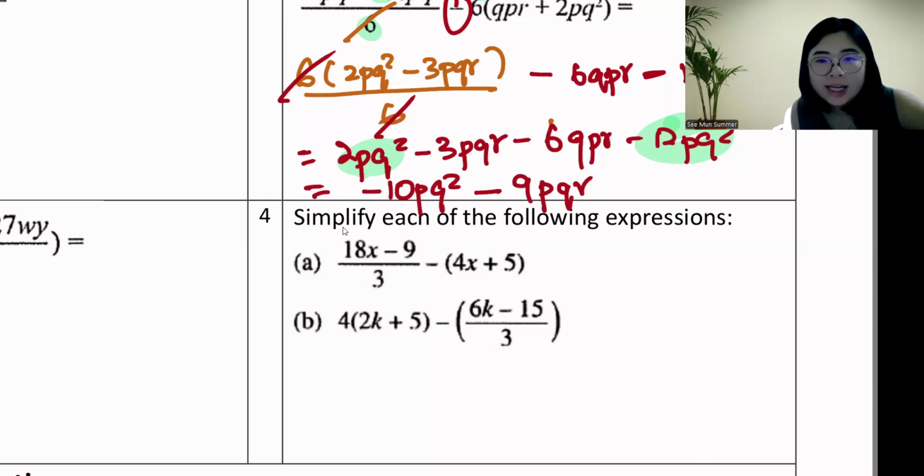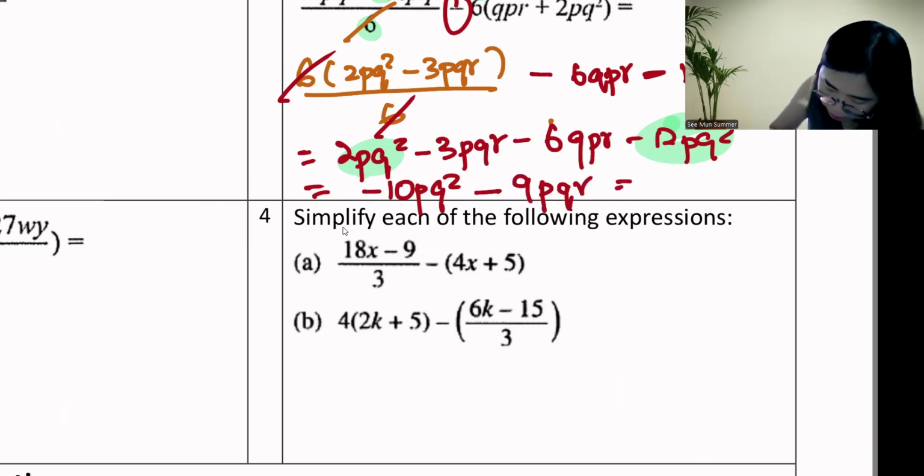Okay? And then now, can we factorize some more? Can, right? We can take out other things. What should we take out? Okay, I think I can take out PQ, right?